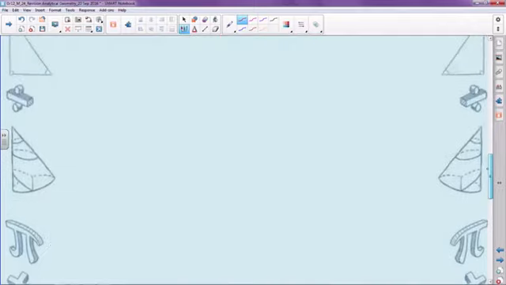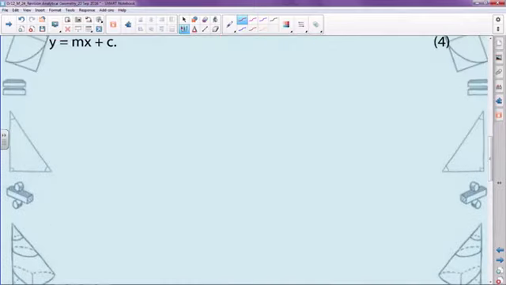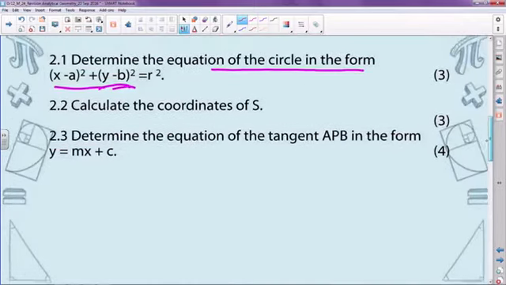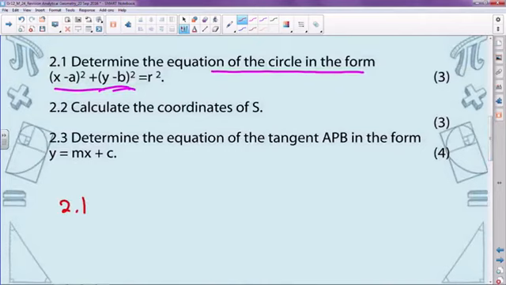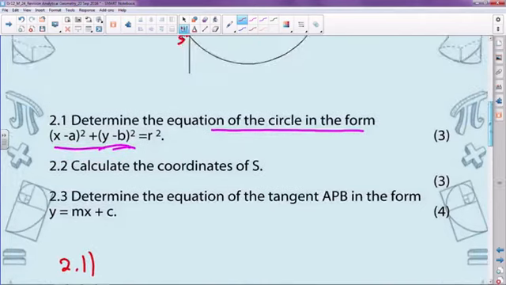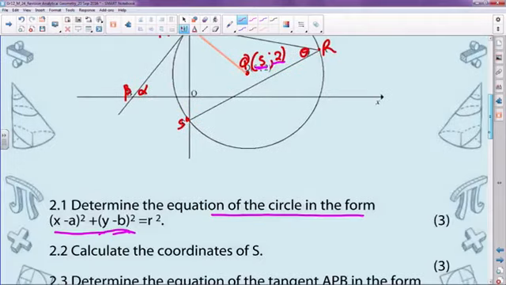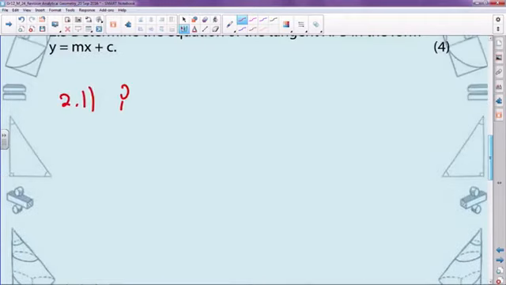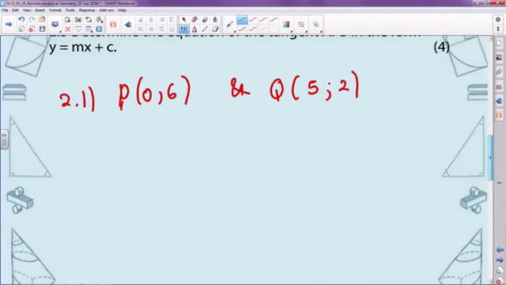So to work out the radius of the circle, we need the length of PQ. Just using our distance formula here, P is the point (0, 6), and Q is the point (5, 2).